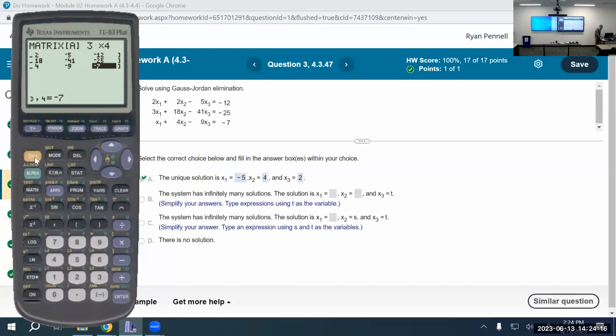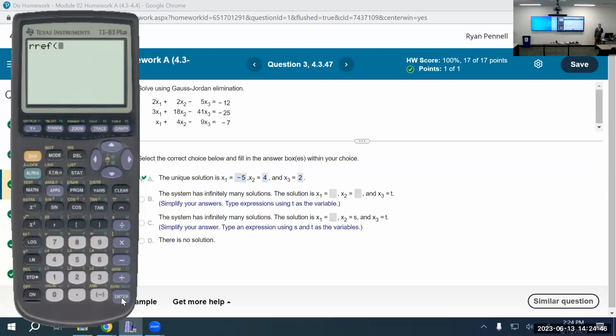So I'm going to go to the home screen. So I hit second, and quit. And I go back to the home screen. And now I want to do some matrix math. Second, matrix. And I'm going to have it do a little math. So I go to math. I want reduced row echelon form, which is capital B option.